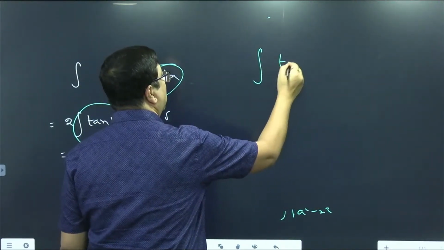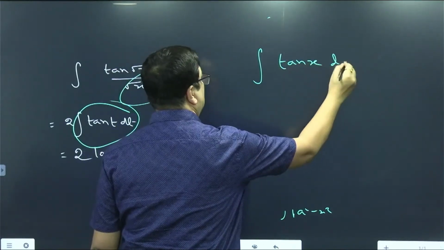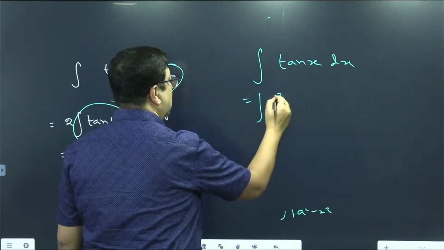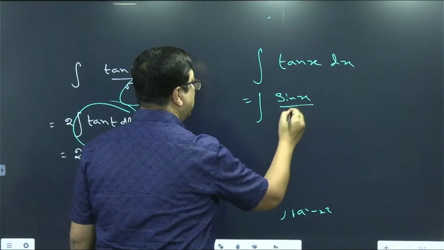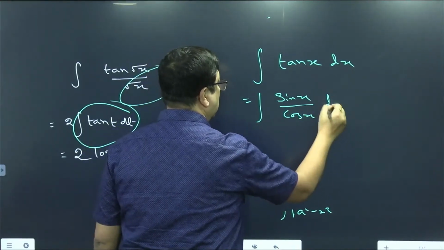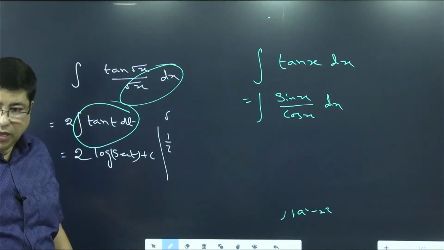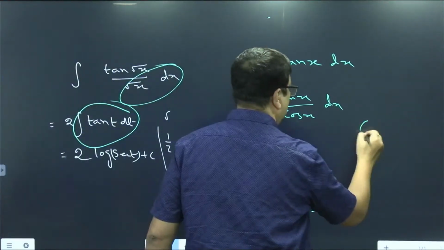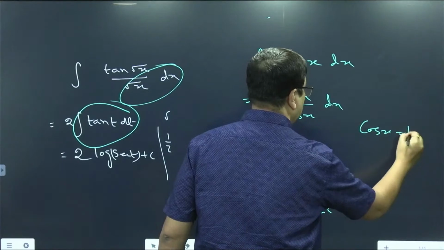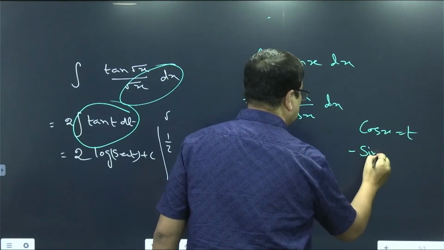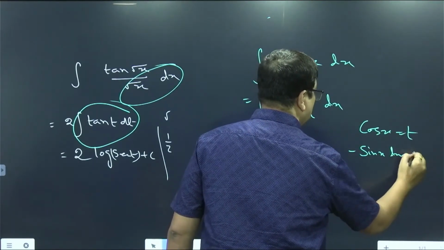Integration of tan x. So sin x by cos x dx. If we take cos x equal to t, so minus sin x dx equal to dt.